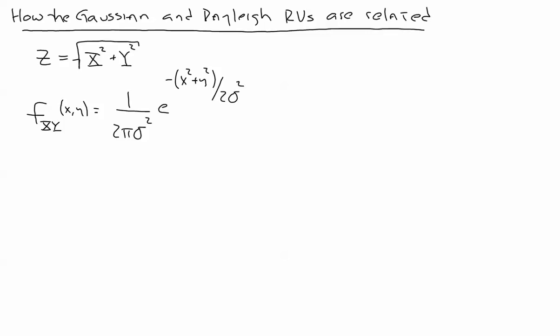Looks something like that. And you'll notice that my PDF here is separable in x and y. Therefore, x and y are independent. More specifically, I could write my joint probability density function this way.